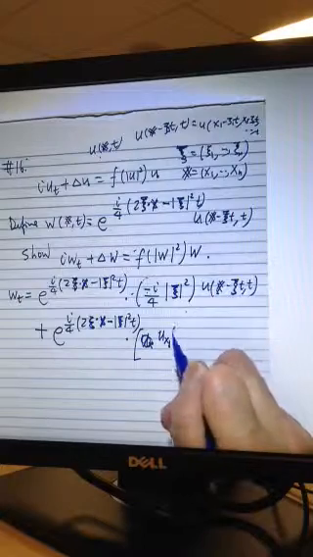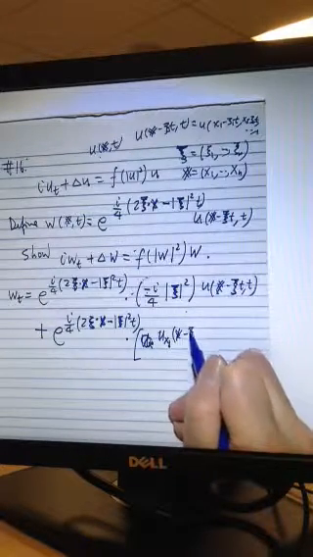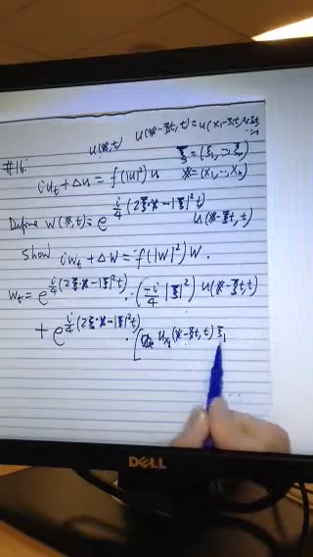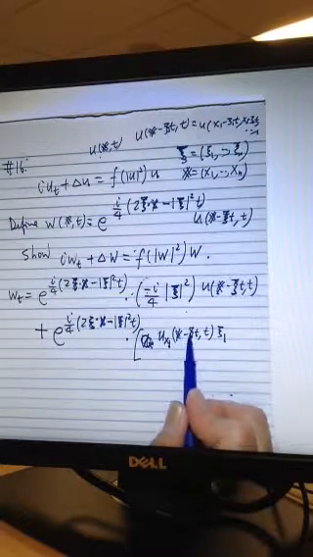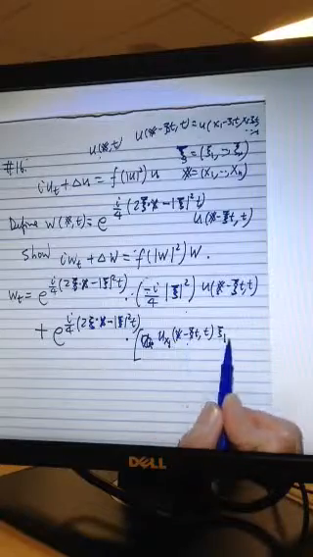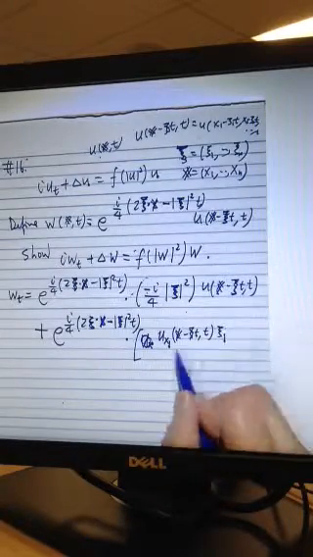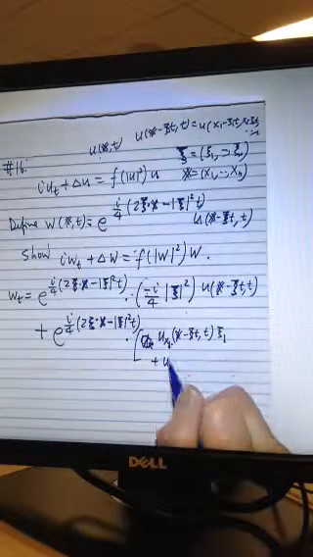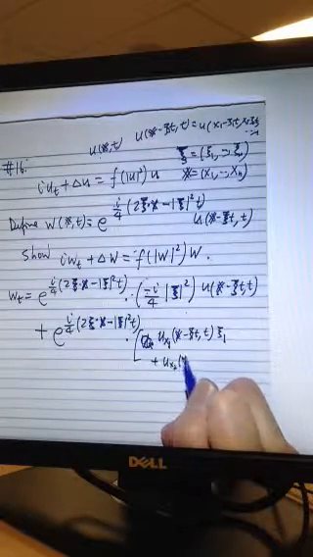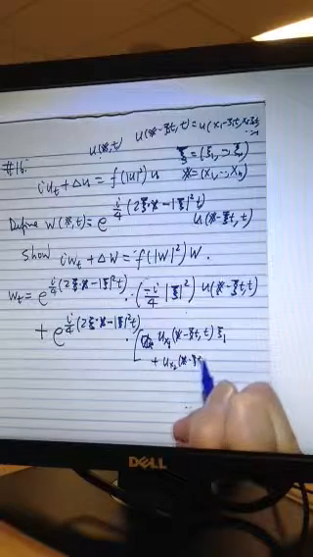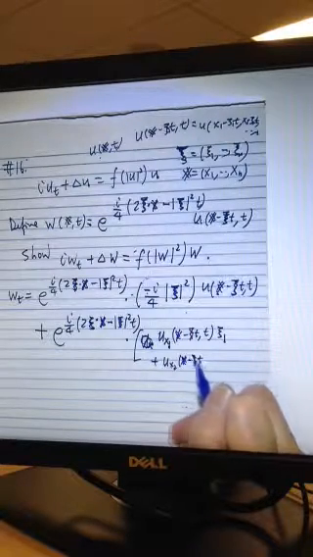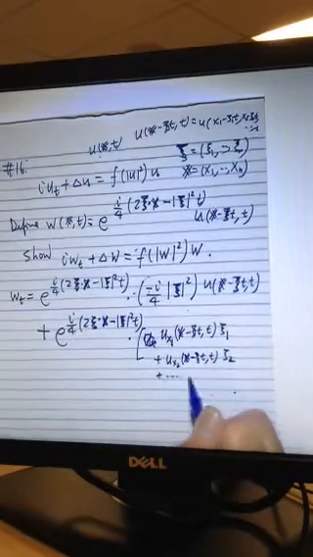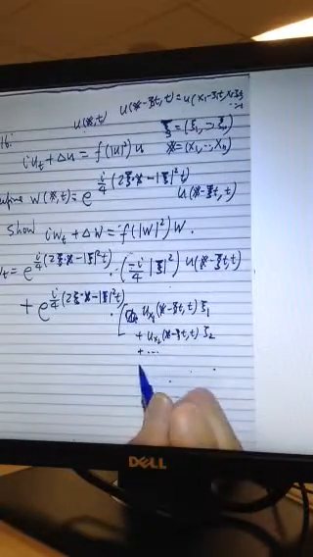These are only on the first component, so the c1 comes from x1 minus c1 t, that component. Then plus u_{x2}(x - ct, t) times minus c2, and so on.